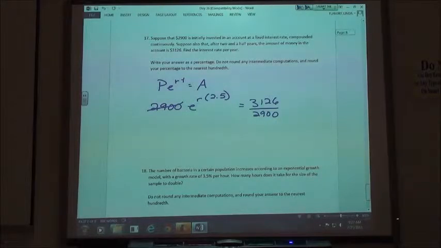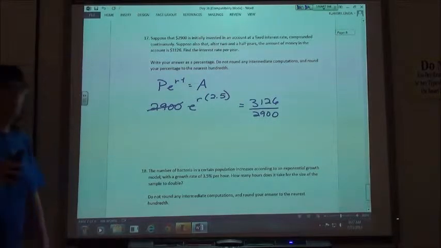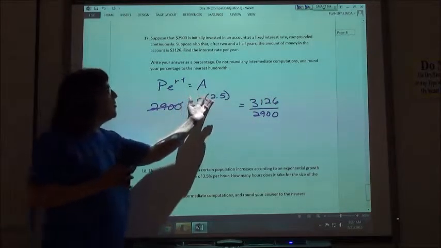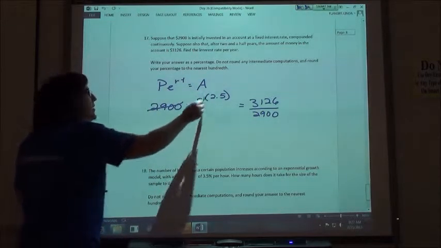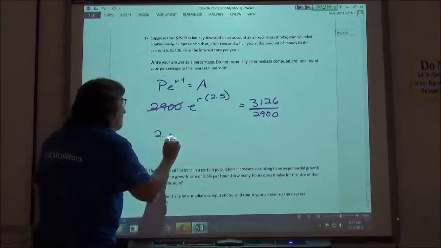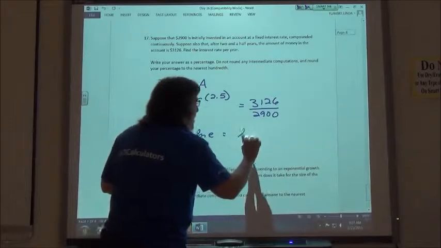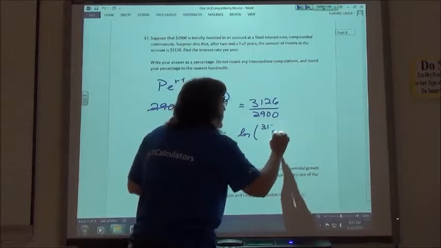I'm then going to do what? The natural log. Take the natural log of both sides so I can move my exponent out in front. So this would be 2.5r times the natural log of e equals the natural log of that weird fraction.